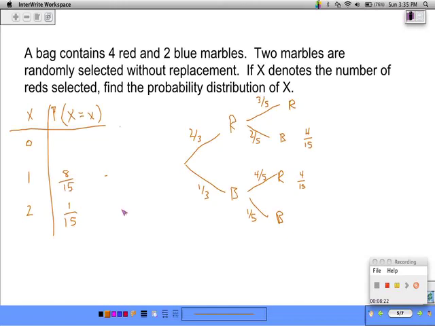And the probability of getting two reds is a red red, so that is 6 out of 15, or that one could be reduced to 2/5. If you add these up, you notice they add up to 1. This is our probability distribution.